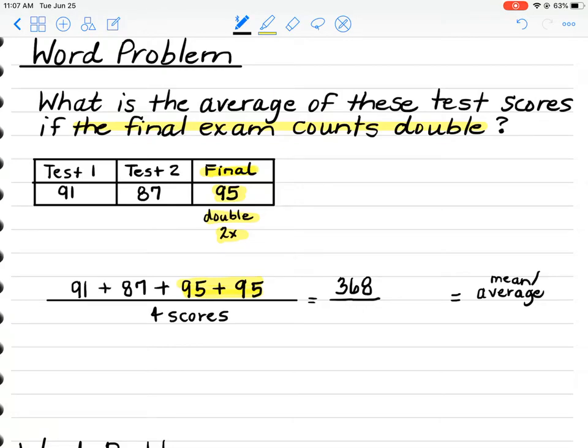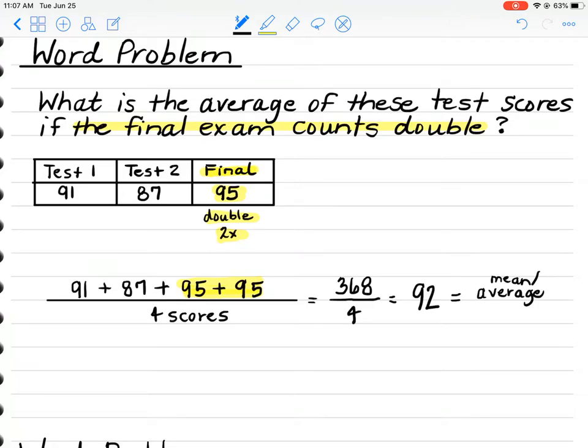And we're dividing that 4 ways because we are counting 4 scores. And that comes up to be a 92, which is a much better score than I had on that last test problem.